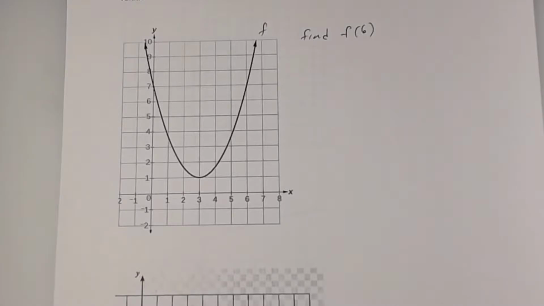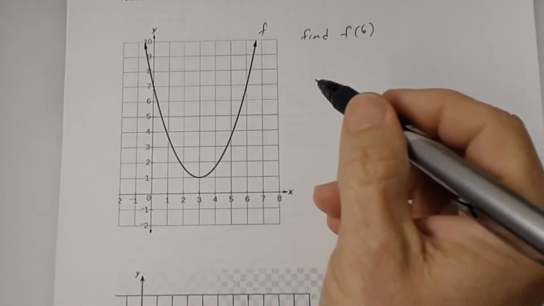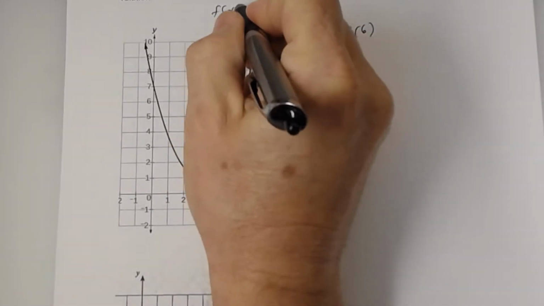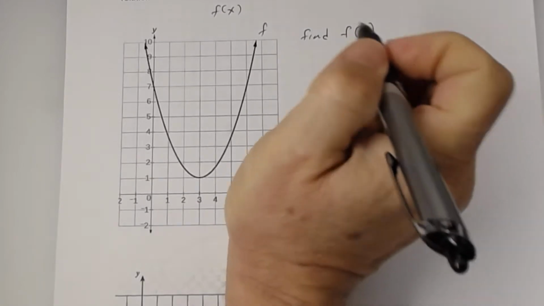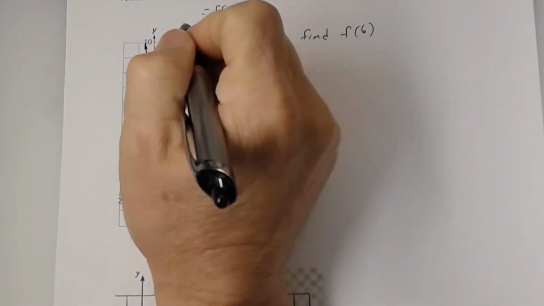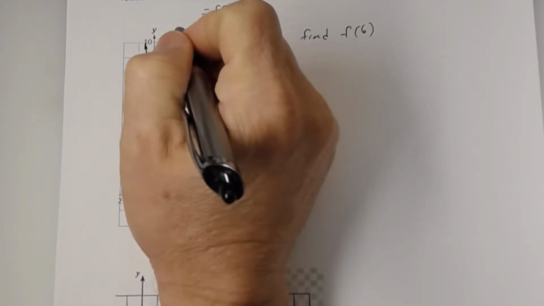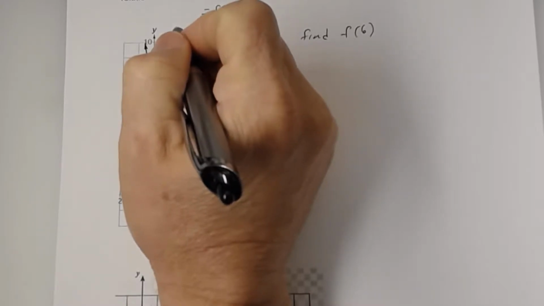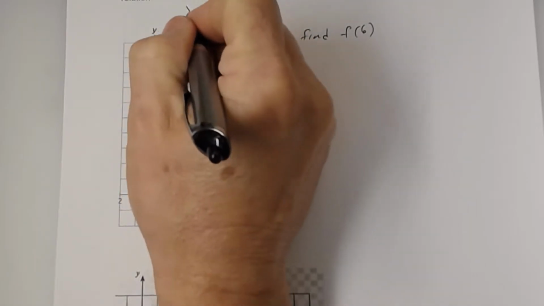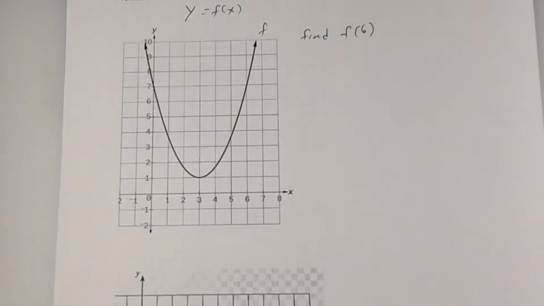Now remember your function notation, f of x. F of x means the same thing as what variable? Y. Okay, y equals f of x.